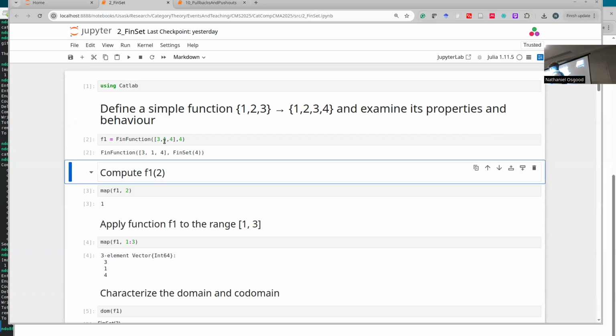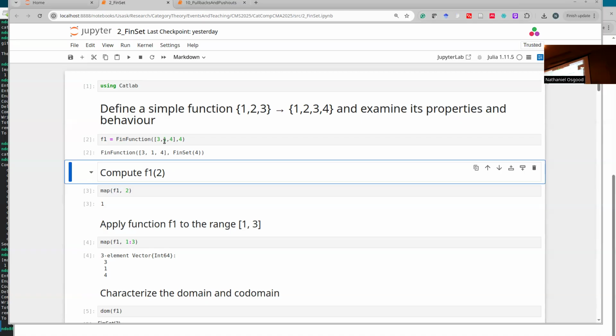The 4 at the end indicates we're mapping into a set with 4 elements. The fact we're mapping from a set of 3 is indicated by the fact we have 3 numbers in these brackets. Now, this bracket syntax is a shorthand to indicate the function.